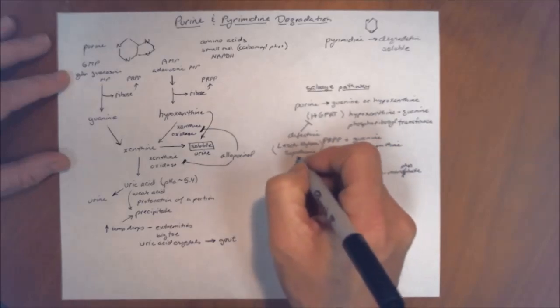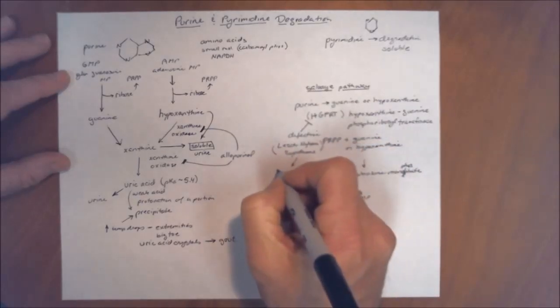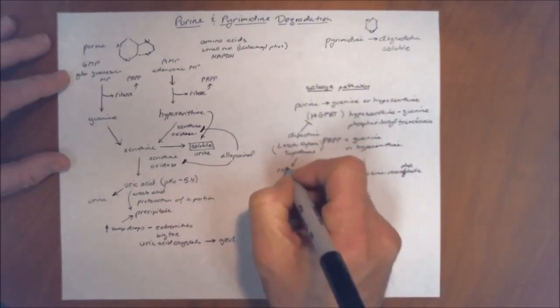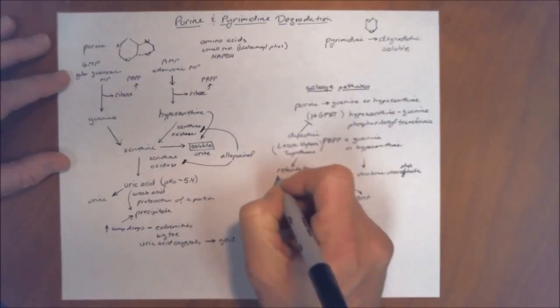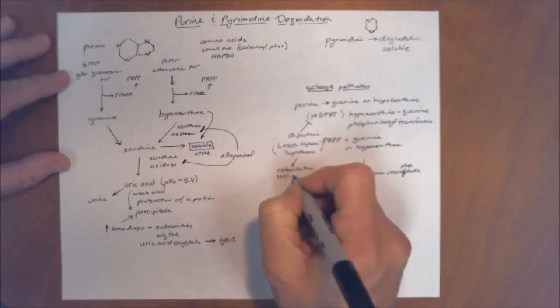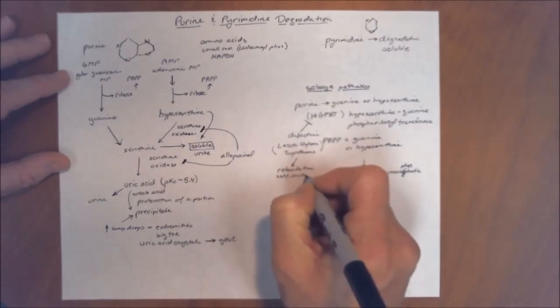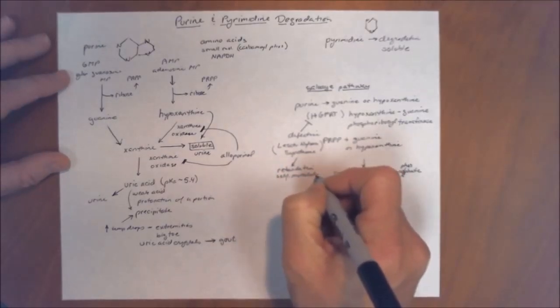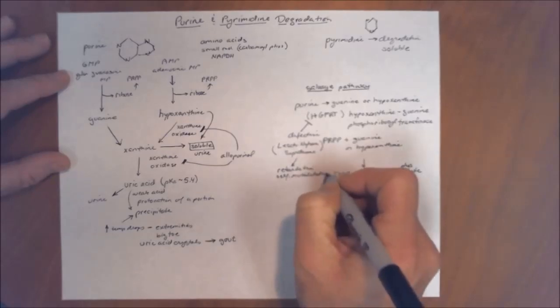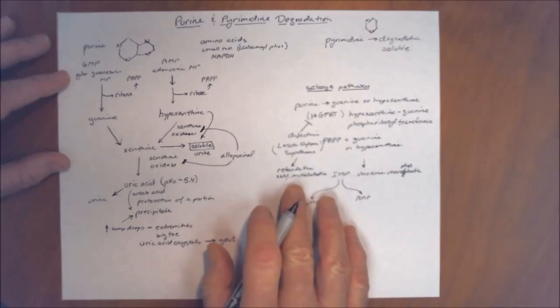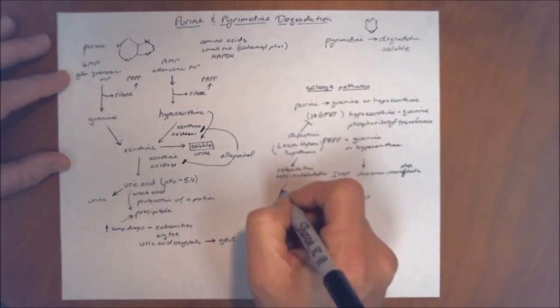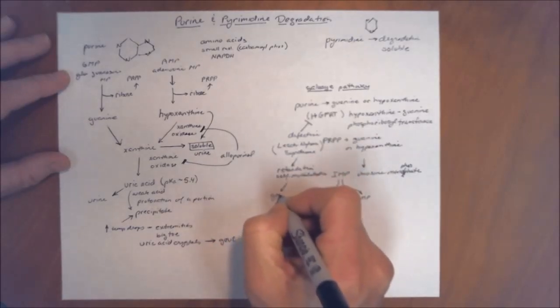This leads to a very devastating disease of mental retardation and an unusual property of self-mutilation. Another presentation of these individuals is that they develop gouty arthritis.